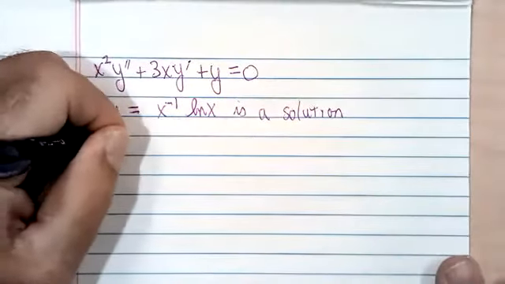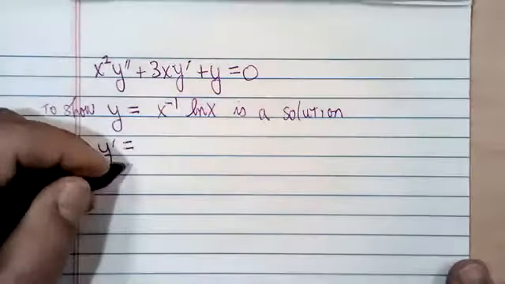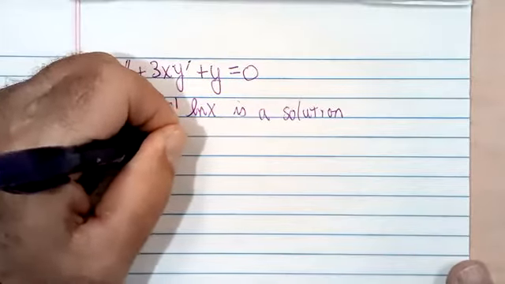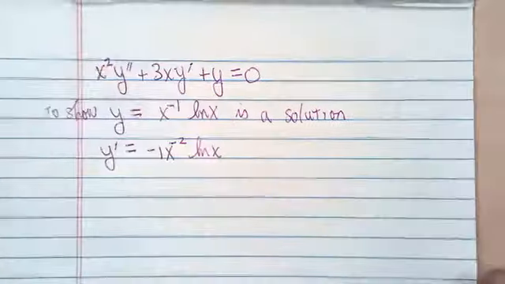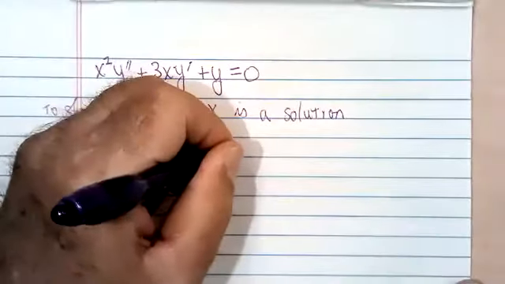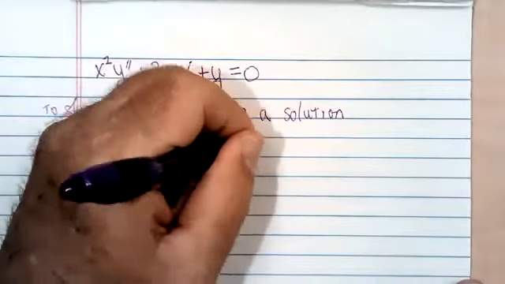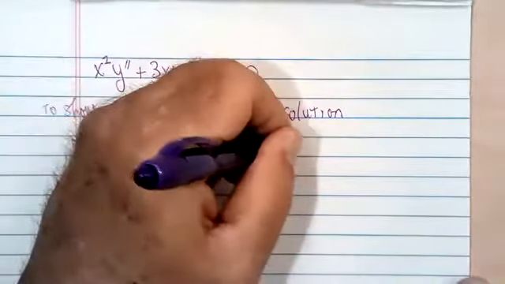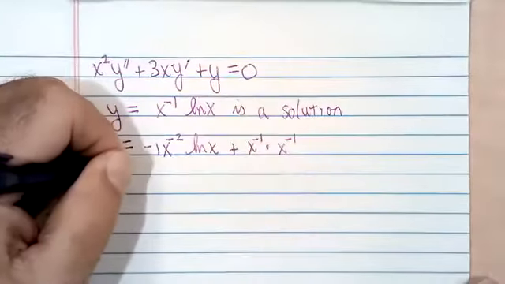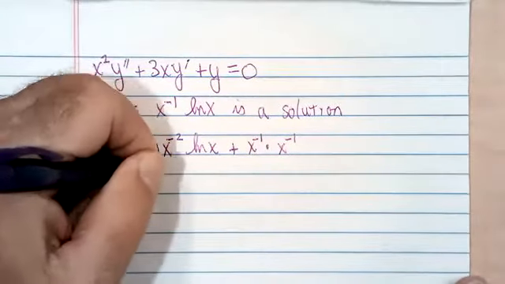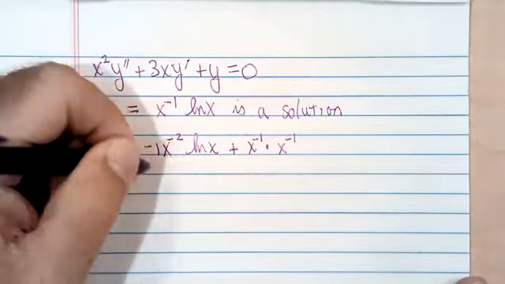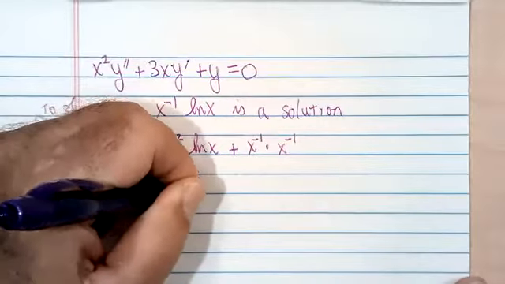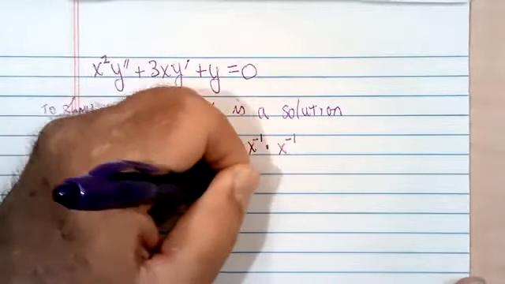Well, derivatives are a little messy, right? First derivative is minus 1 x to the minus 2 log x. And the second term is x to the minus 1 times the derivative of log x, which is, once again, x to the minus 1, which is, sooner or later we'll want this cleaned up, minus log x over x squared plus 1 over x squared.